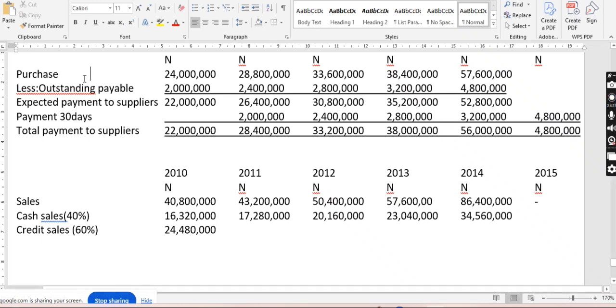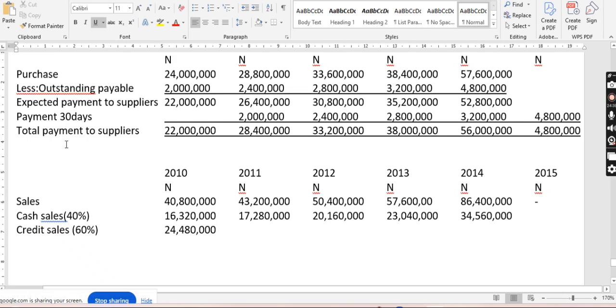Now, the way we did purchases is that the total purchases is this. Then we are yet to pay it, which is the outstanding. Now, this credit sales, we are yet to receive the payment, right?